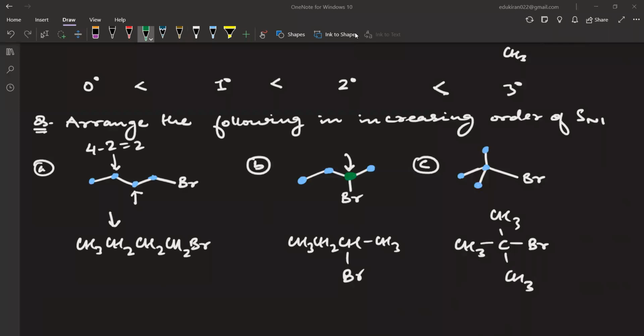You haven't seen these structures? Okay, fine. Now the number of hydrogens will be 4 minus 3, which is equal to 1. So this carbon has only 1 hydrogen.